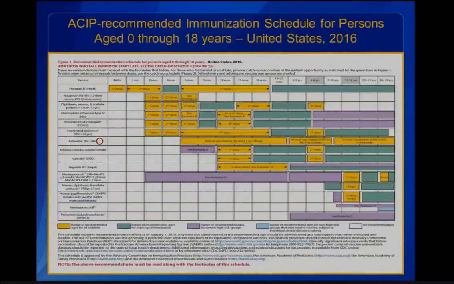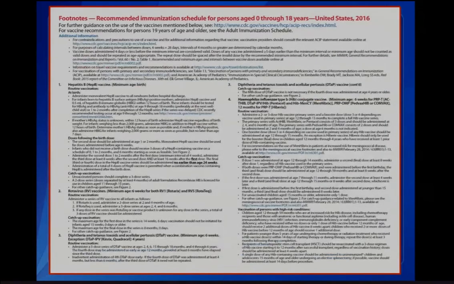Okay, and so here we are again, and what I was trying to show you over here is that these are footnoted. So when you're up here, you know that you should go to footnote number 7. This is the 7th vaccine, and so it's footnote number 7. So if you're trying to figure out what you're going to do about influenza for someone, then you look at the footnote number, and you go down to the footnotes.